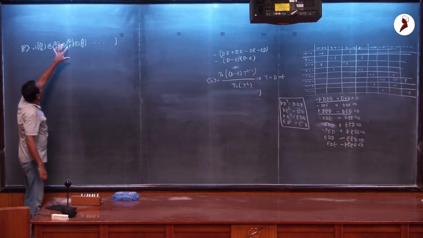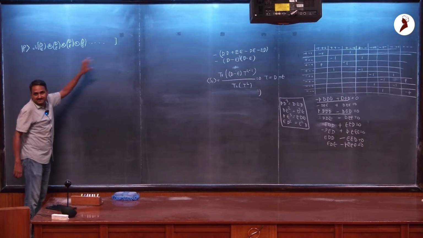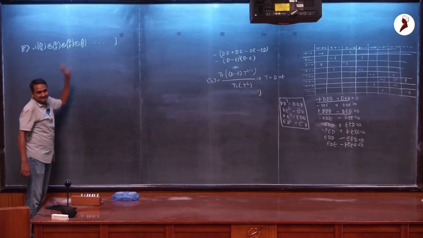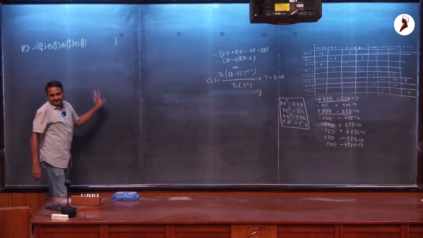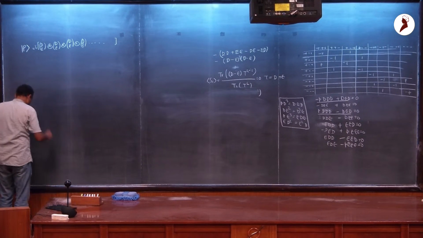That will give you a vector. Each first element is trace of D, D, D, D, D. Next one is D, D, D, D, E. Next one is D, D, E, D. These are the traces written. So this is a 2 to the power L dimensional vector. This is your P.